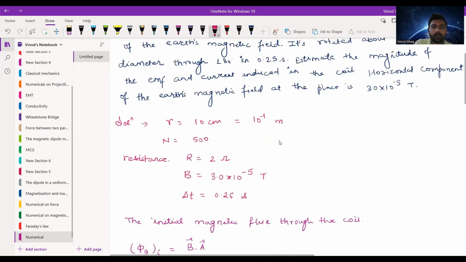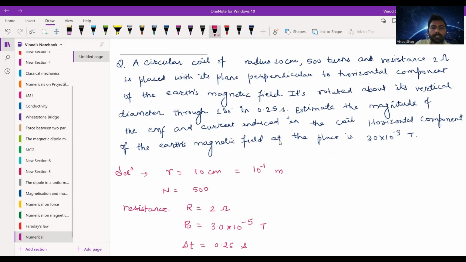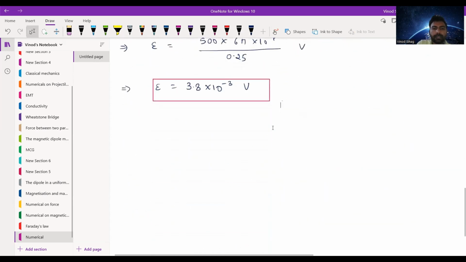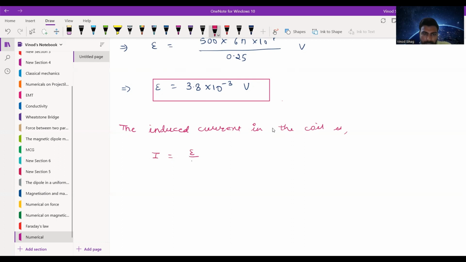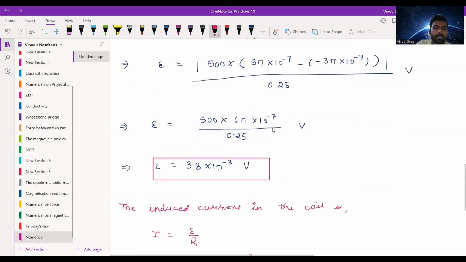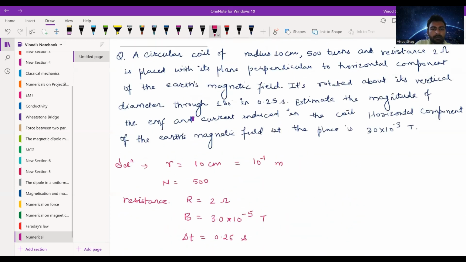Now they are asking us to find out the induced current also. So what will be the induced current here? The induced current in the coil is I equals EMF divided by resistance R. So I equals 3.8 into 10 to the power minus 3 divided by its resistance, and the resistance is given as 2 ohm.